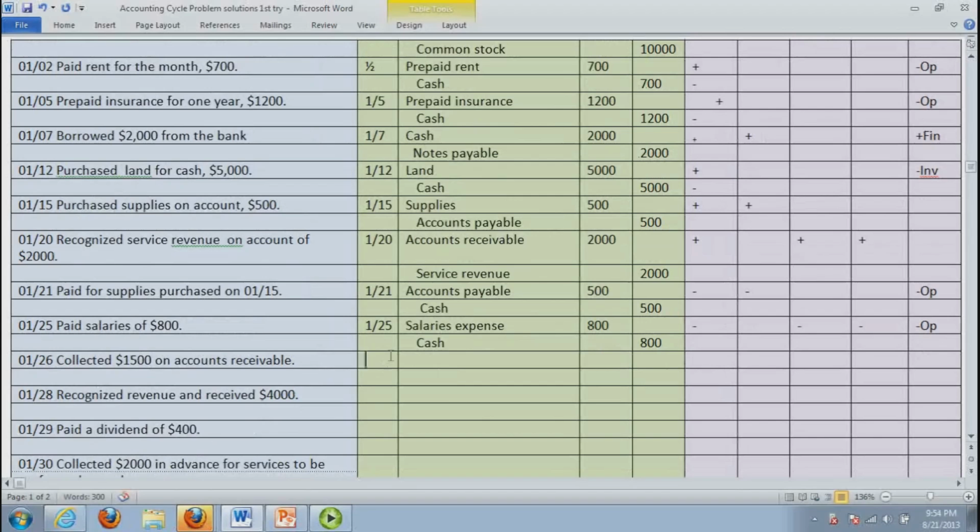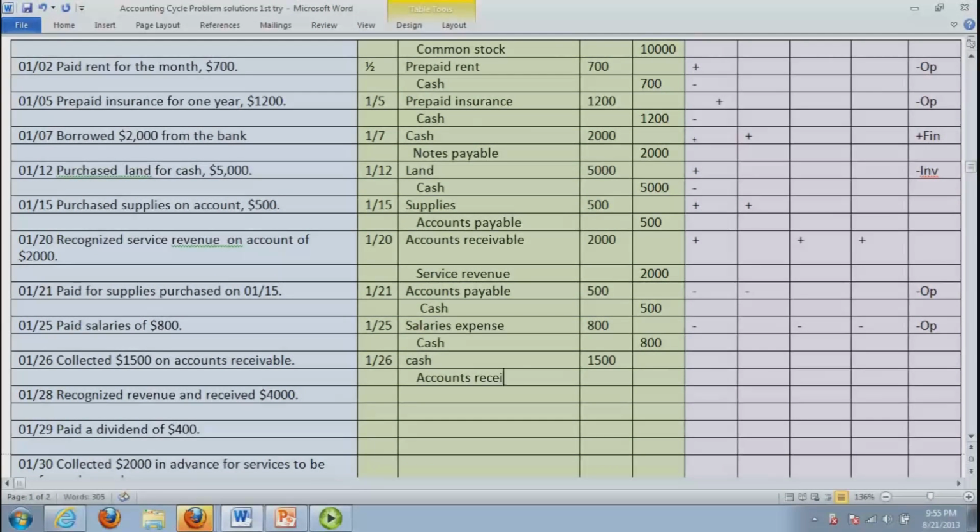Next, we collect cash on accounts receivable. So we had the entry for $2,000 on January 20th. So now all we're doing is collecting $1,500 of the $2,000 from January 20th. So we have more cash. That's going to increase, and our accounts receivable is going to decrease.